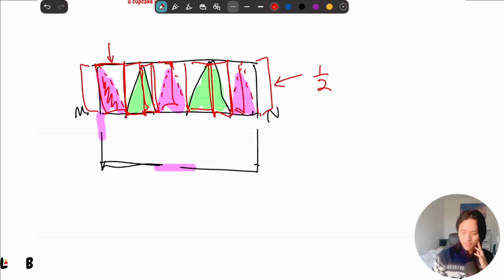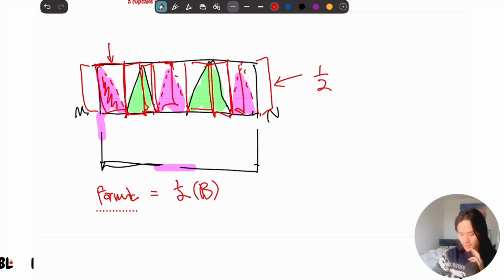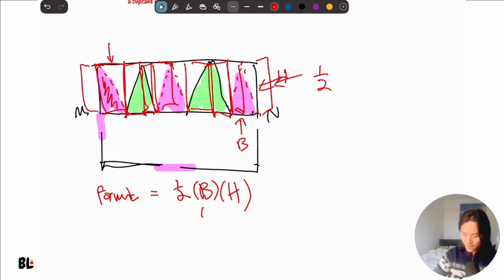And it should make sense because think about the formula for the area of a triangle. It is half times base times height, right? So let's say the base is b and the height is h. Well, base times height itself is just a rectangle, and half of that is the triangle.